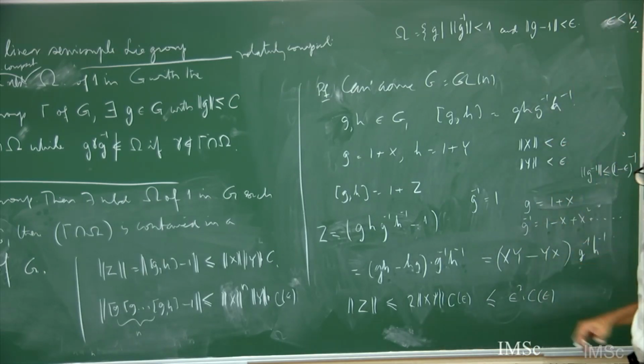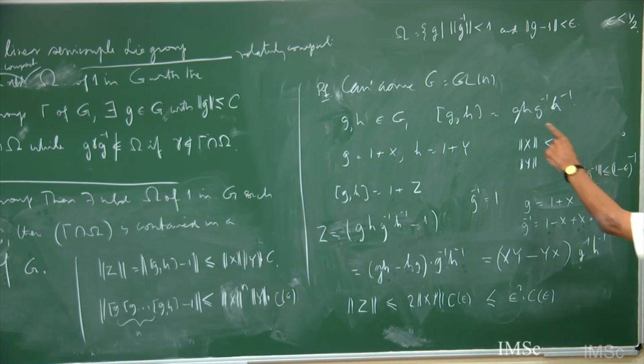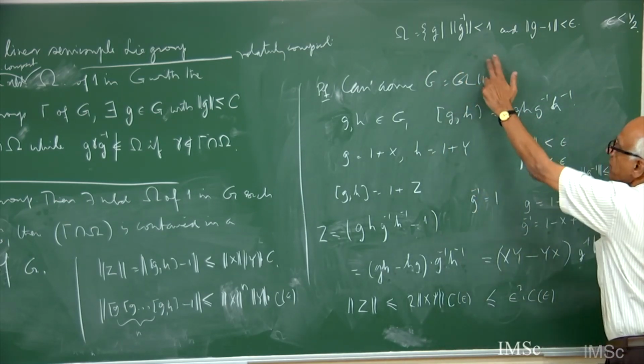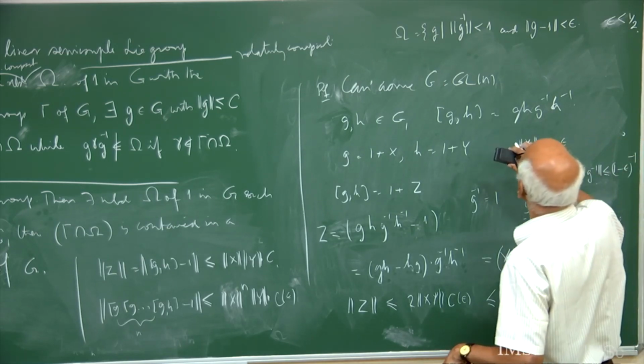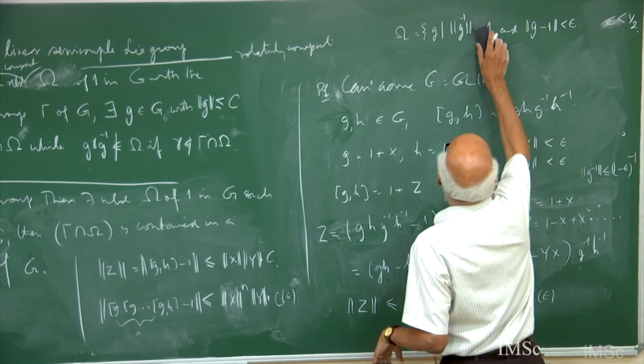I'm going to do it like this. I'll take this to be the set omega, the set of points where norm G inverse is less... Oh, I'm sorry, no, I can't say that because it's 1 plus something, right?